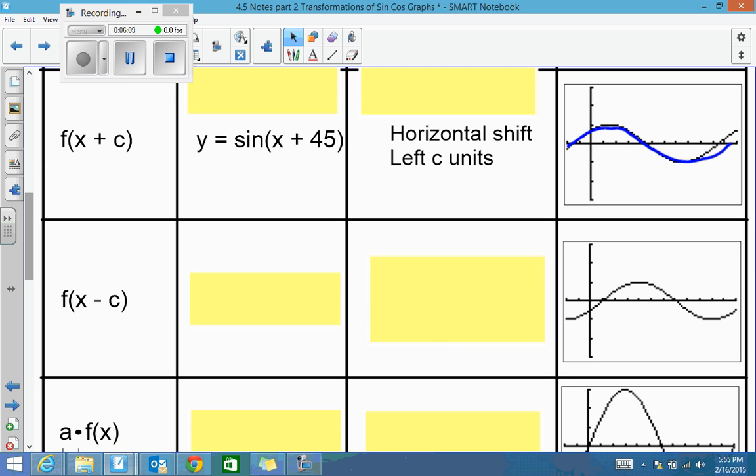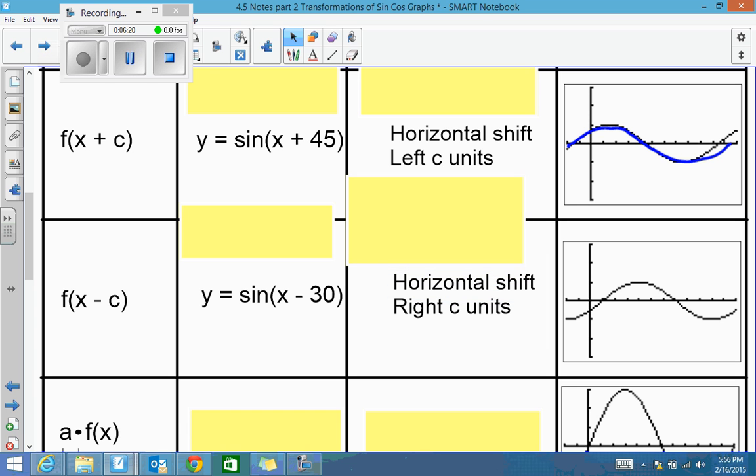The next entry looks at adding a negative c, such as sine of x minus 30, and again, a negative c value will shift the graph to the right, c units.